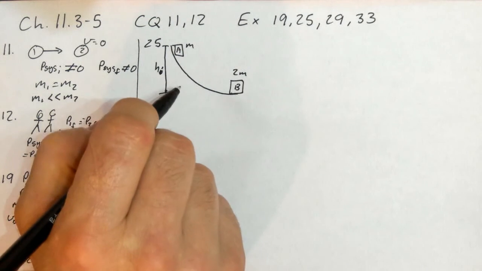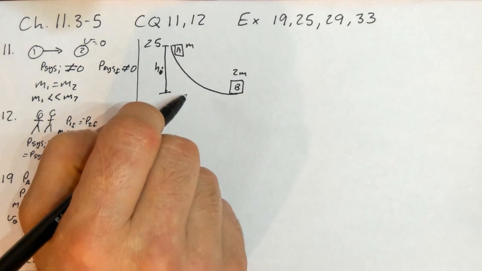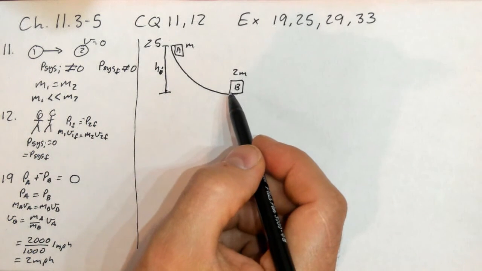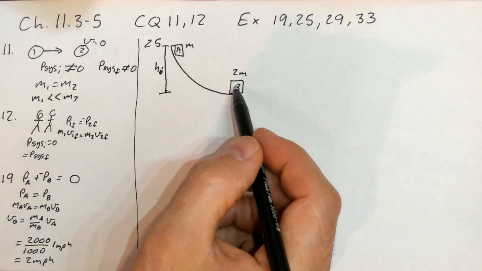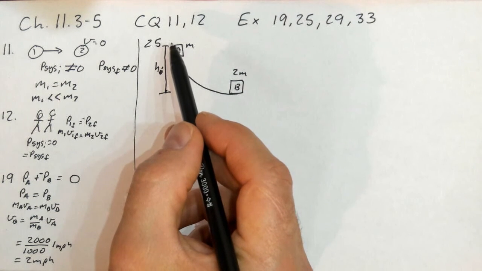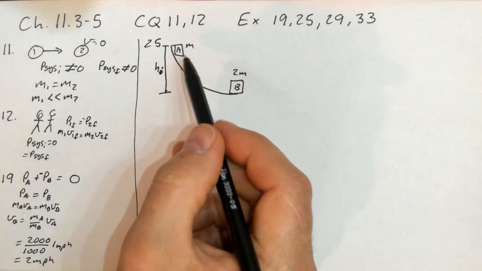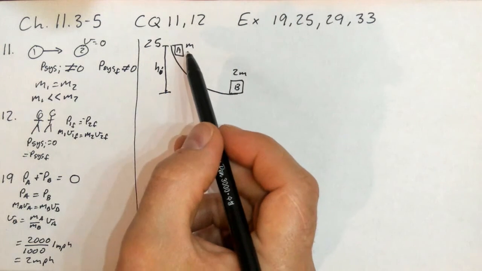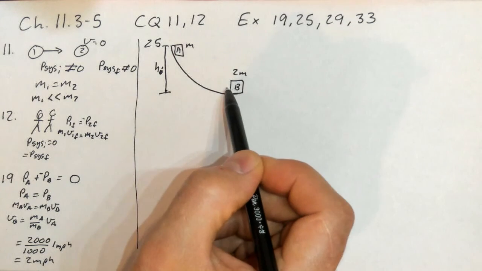So looking at this problem, how many different concepts can we see? Well, there's clearly going to be a momentum problem, an inelastic momentum problem, because they stick together. But before that, this package is up here at rest and it's going to slide and speed up. So in order to find the velocity of this package right before it hits this package, we need to use conservation of energy.